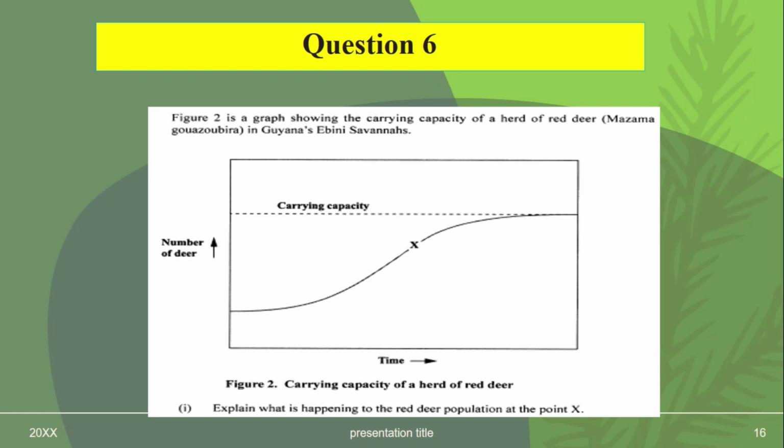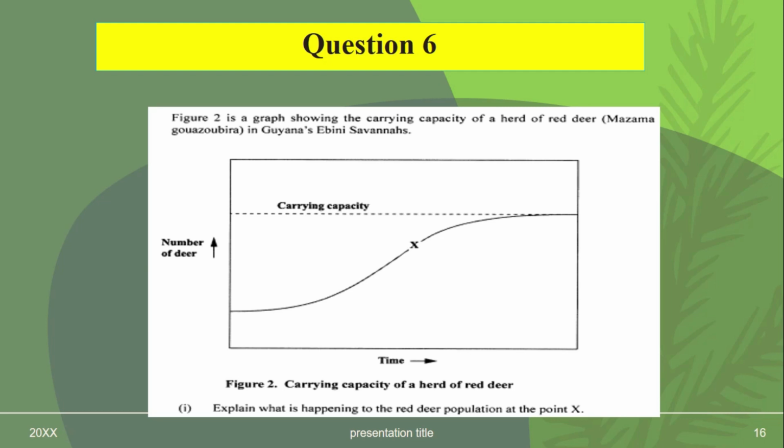If the reindeer are having a lot of offspring, eventually there won't be enough food, water or space to take care of these organisms. So if the environment reaches its carrying capacity, it cannot sustain any extra offspring, and some of these reindeer will starve, some will compete with each other for food, and they will die.